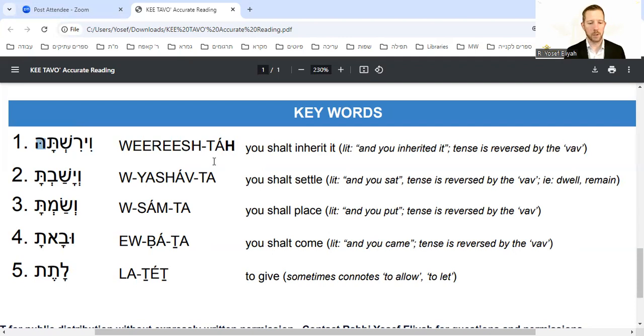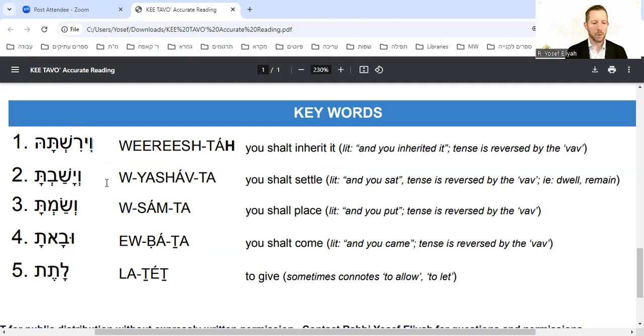There are videos that will help you do this on the internet, and I also have some resources to help you learn how to produce this sound. Virishta means you shall inherit it. It literally is, and you inherited it. You inherited it, past tense, but the vav at the beginning is a reversive vav. It flips the tense from you inherited it to you shall inherit it.